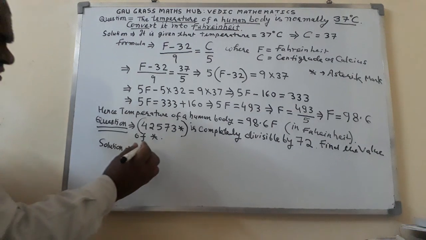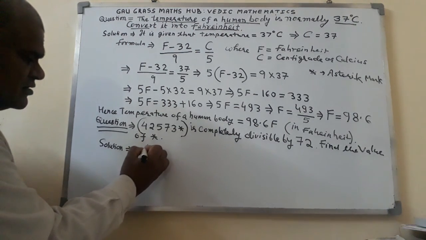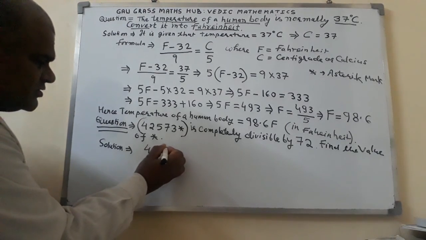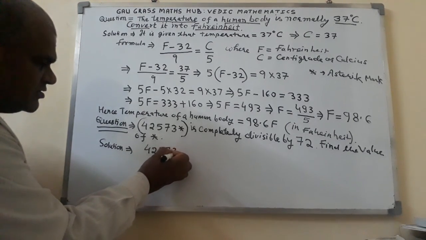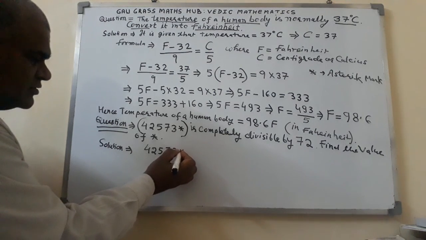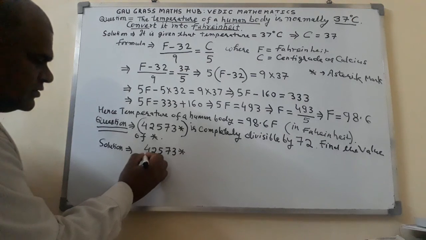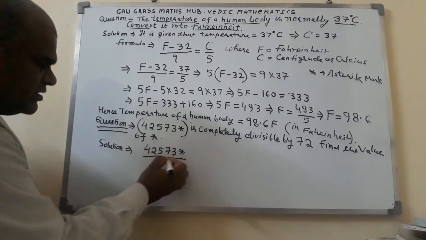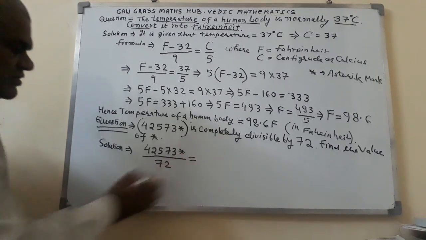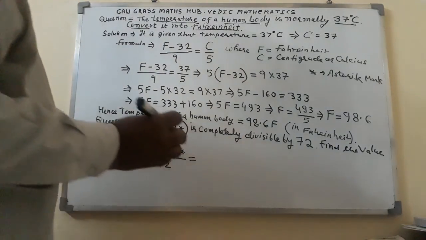So this can be written as 425 asterisk 73 divided by 72. Let us see, so what to do here?